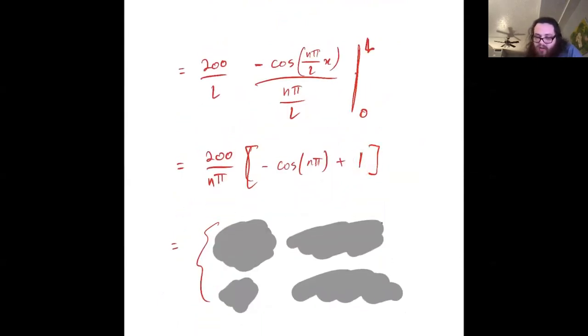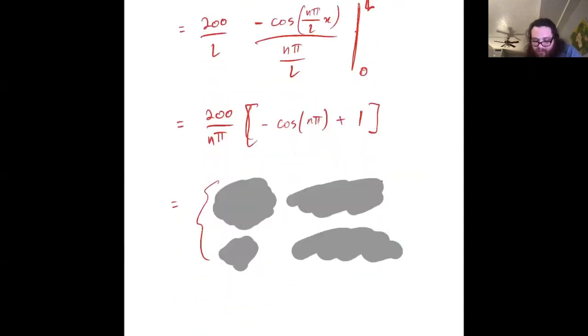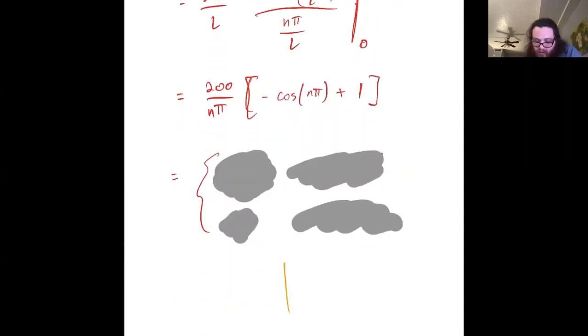So the thing we end up with is going to be, well, let's see. What is a sketch of cosine? Cosine looks like that, with 0 and pi marked.